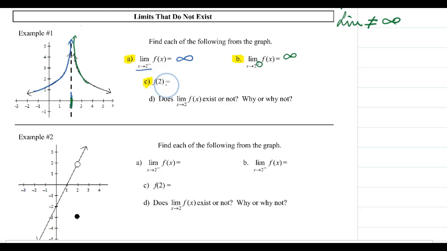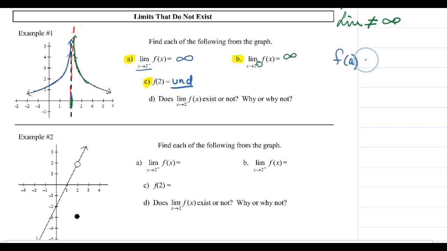C asks for the value at 2. And because my function from the left and my function from the right never touches my asymptote, in fact, by definition, my asymptote can only exist where my function is undefined. And something to just pay attention to in calculus, we will talk about functions.